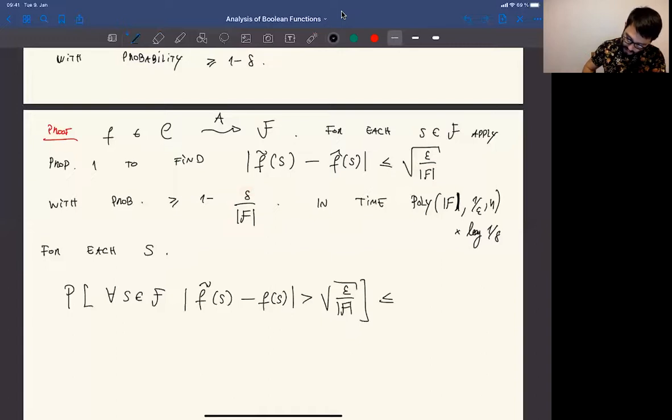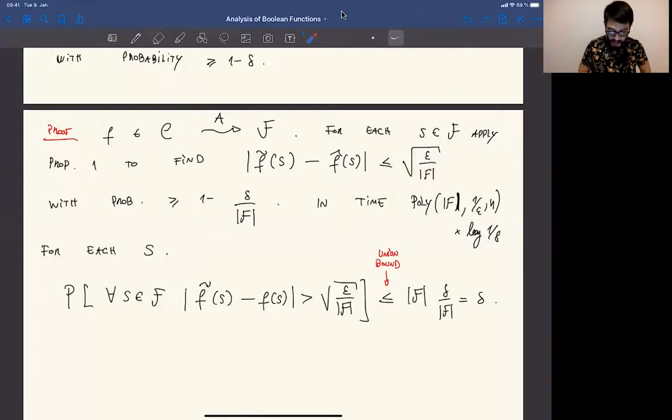So this is the union bound, which says the probability of the union of events is less or equal than the sum of the probabilities of these events. So this is delta. Oh, sorry, not every, there exists.